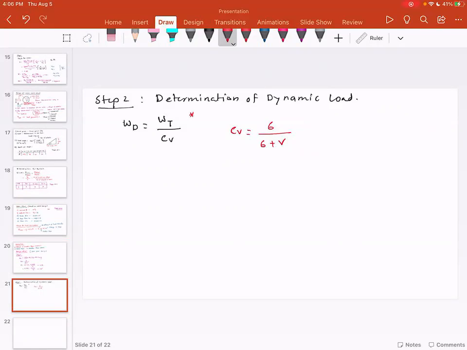And then we move on to static load. So for static load, WS is equal to sigma E times B times pi times M times Y, which is the exact same equation as spur gear.